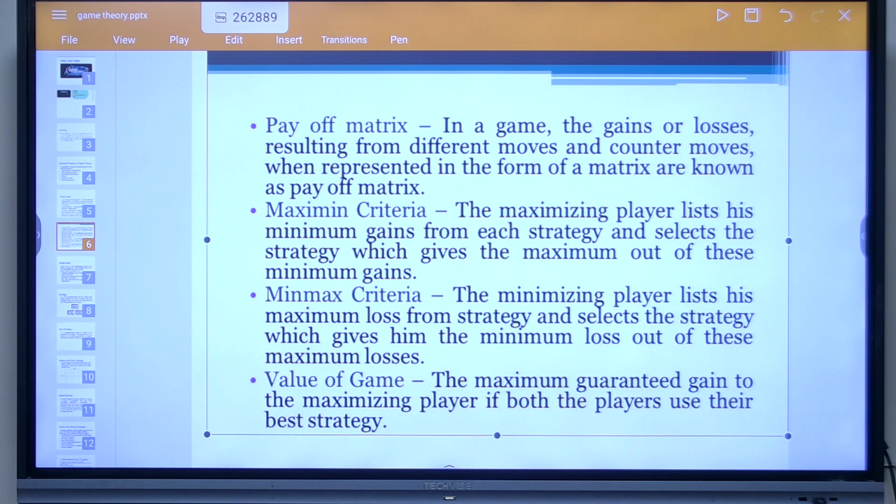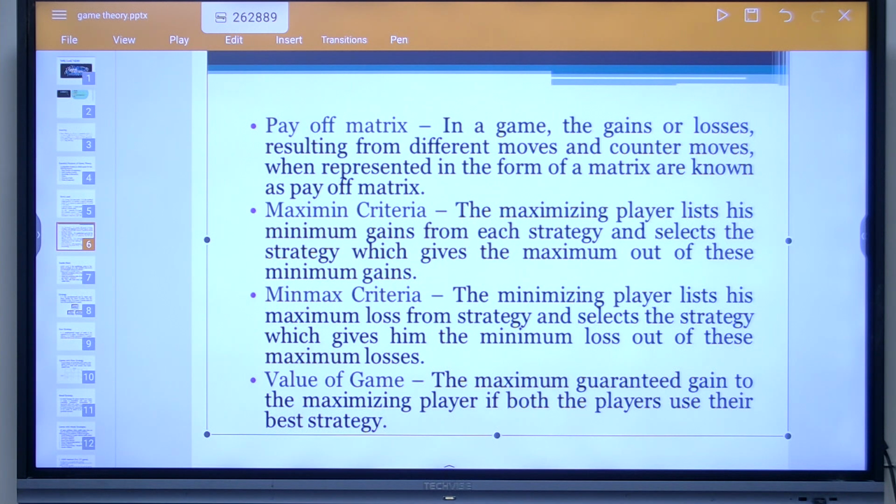Suppose the players are B1, B2 and B3, and B1 is having some losses, B2 is having some losses, and B3 is having some other losses. Whatever I am going to select, we are not confined to whether player A will select the A1 course of action, A2 or A3.